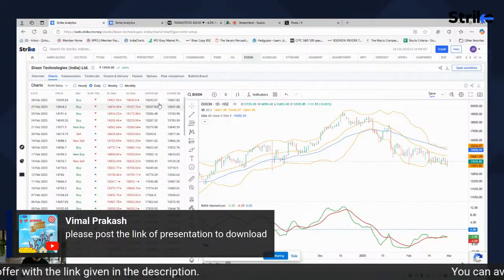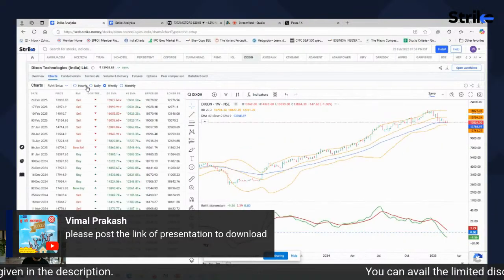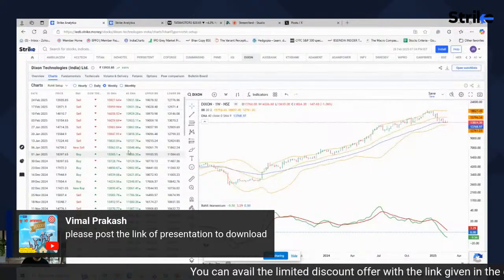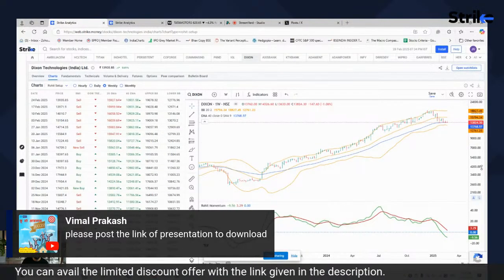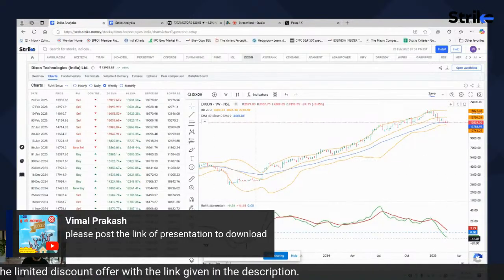Okay, but we have simply given this on all the time frames, all the important time frames like hourly, daily, weekly and monthly, so that you can quickly understand how the medium to long term trend is.